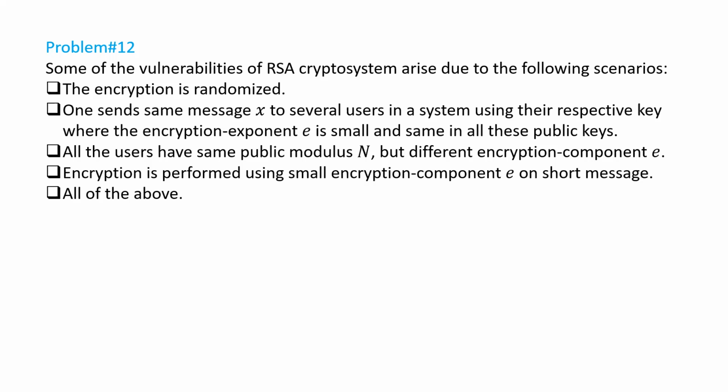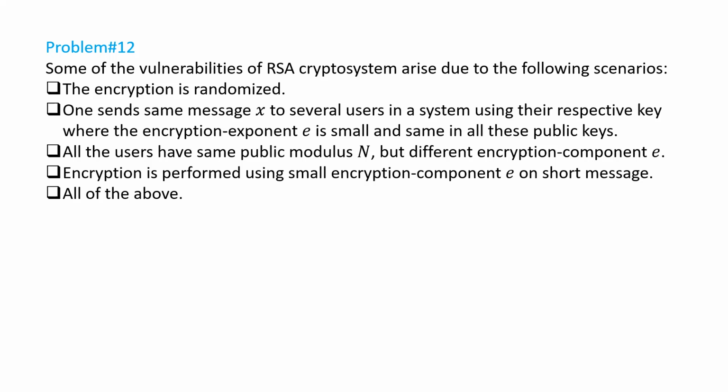By solving these three linear congruences using Chinese remainder theorem, you will be returned the value x modulo n1 into n2 into n3, such that x is congruent to R cube modulo n1 into n2 into n3, and you can definitely get back the value underlying R by calculating the cube root of this value x.